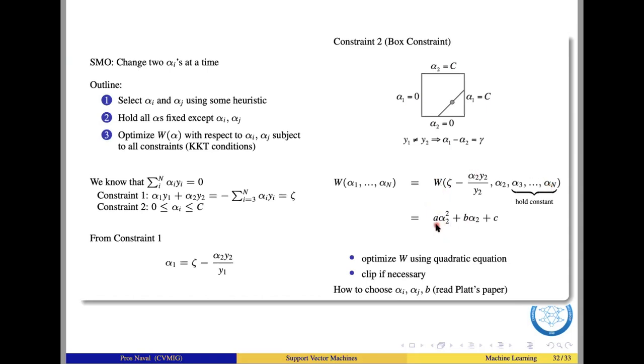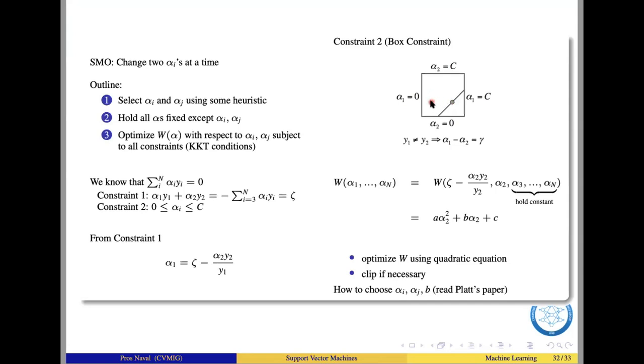It will be of the form A times alpha 2 squared plus B times alpha 2 plus C. So this is a quadratic, and we can use the quadratic formula to solve for alpha 2. So alpha 2 can be expressed in terms of A, B, and C. Okay, so we can now optimize this using the quadratic equation.